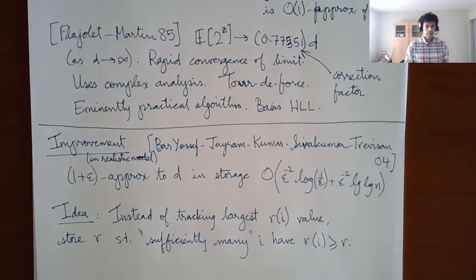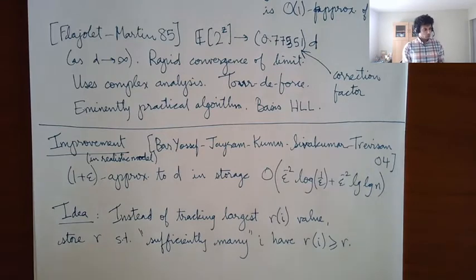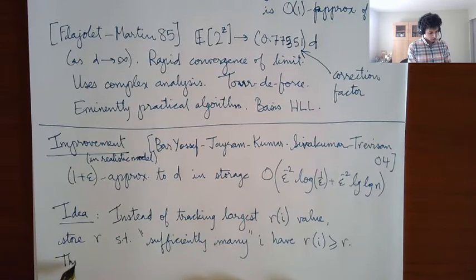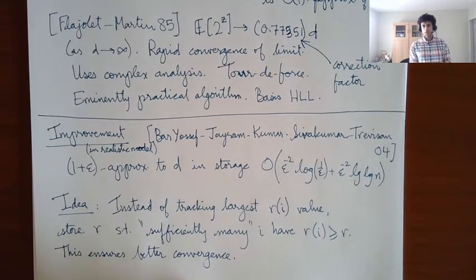So instead of tracking the largest Ri value, you store an R such that sufficiently many objects have an Ri greater than R. And this ensures better convergence.